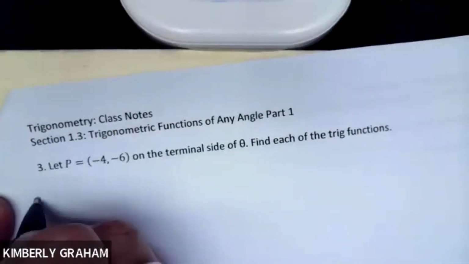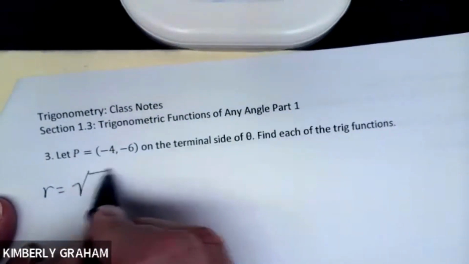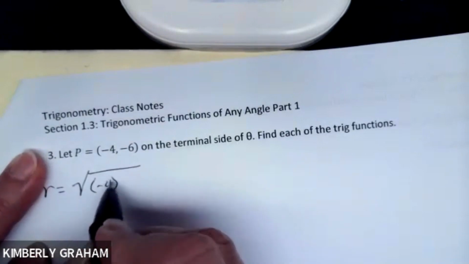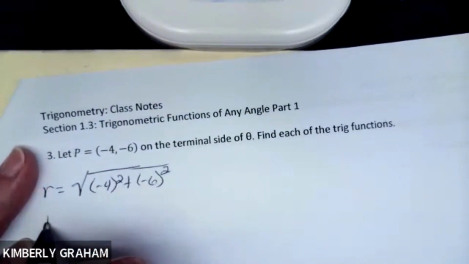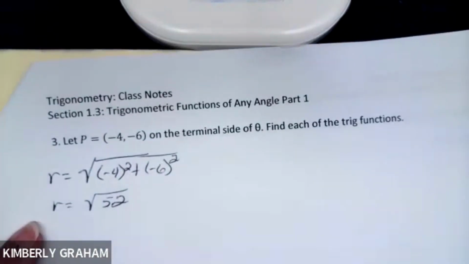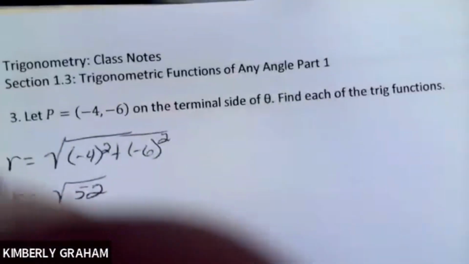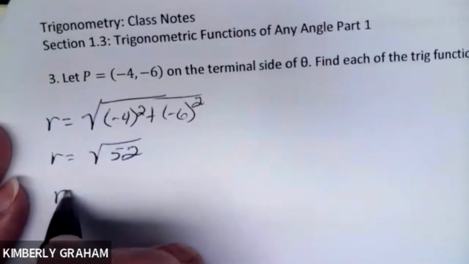Okay, let's first of all look at what R is. I think most of y'all were getting this right. R, you have -4 squared plus -6 squared. So R is going to be the square root of 52. And then you find the biggest perfect square that goes into 52, which is 4.